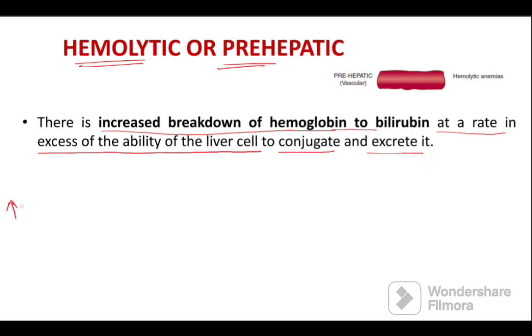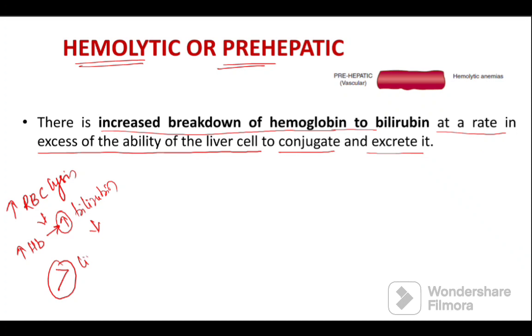So there is increased RBC lysis, leading to increased hemoglobin production, causing increased bilirubin. Now this increased bilirubin content is more than the liver's ability to conjugate and also to excrete.